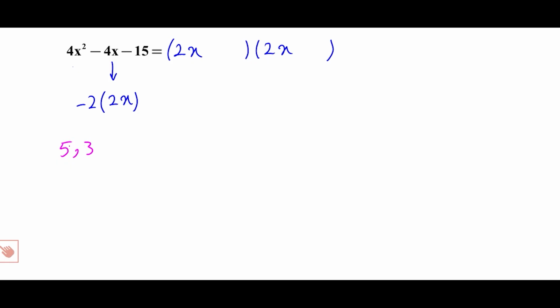Since their product is minus 15, one of them must be negative and the other positive. And because their sum is negative, the larger number must be negative and the smaller one positive. So the two numbers are minus 5 and plus 3. So we have (2x minus 5) times (2x plus 3).